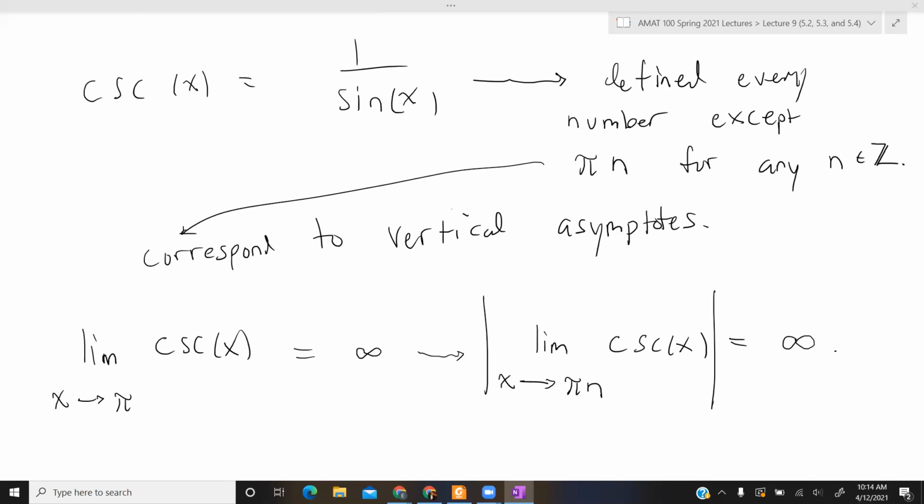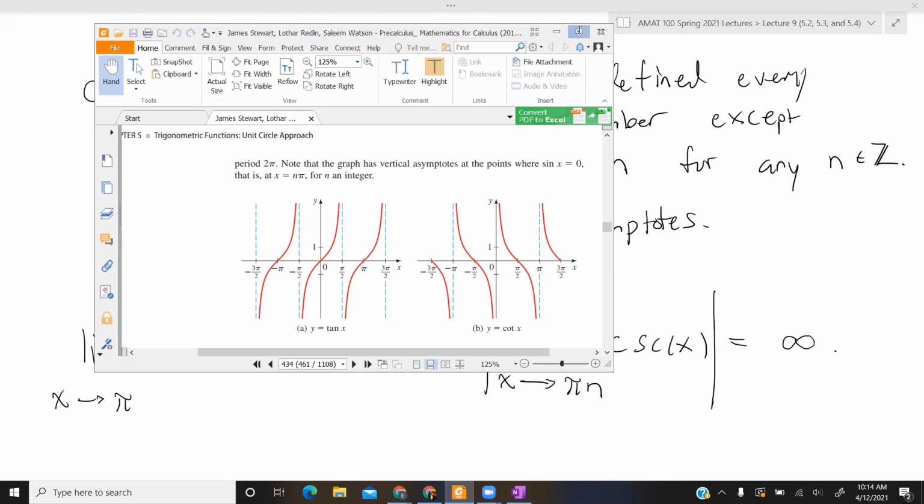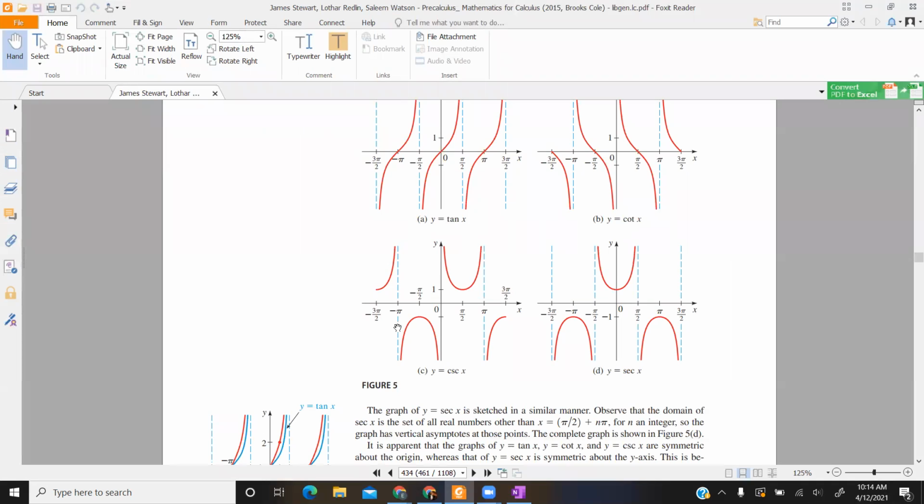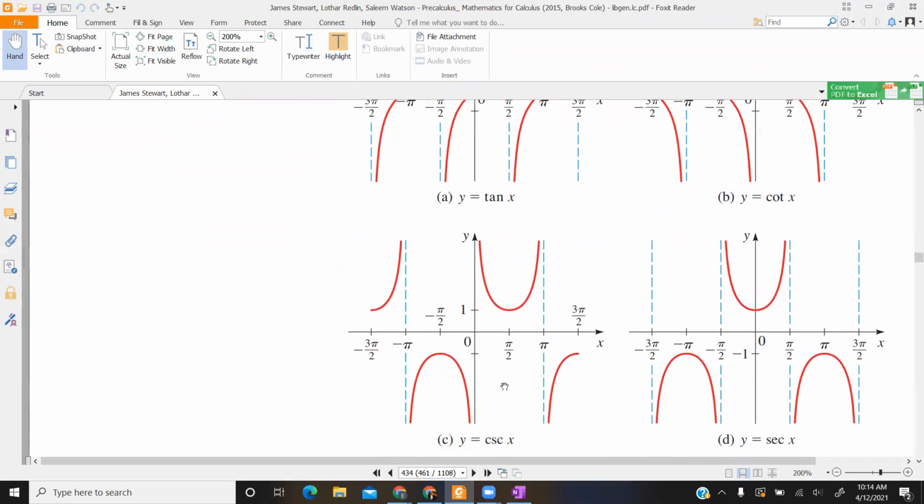So let me pull up the graph and then we can look at some of those limits. So at every multiple of pi, depending on which side you approach, it's going to approach positive or negative infinity. So we have pi. This is the example we looked at: as x approaches pi from the left, the graph is going to positive infinity.